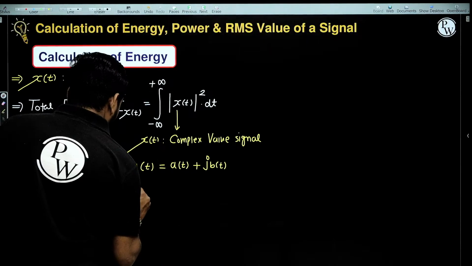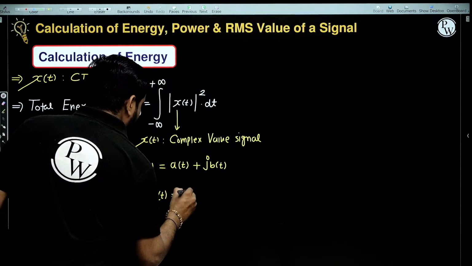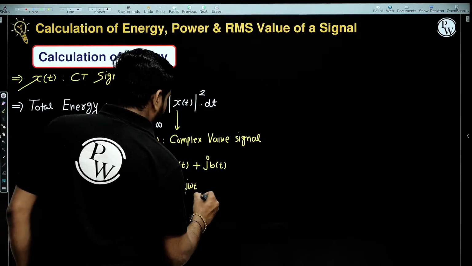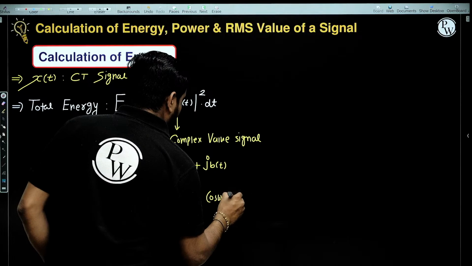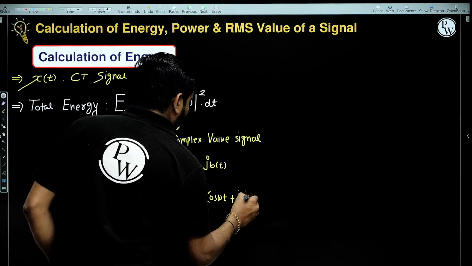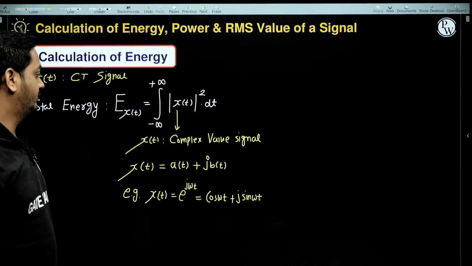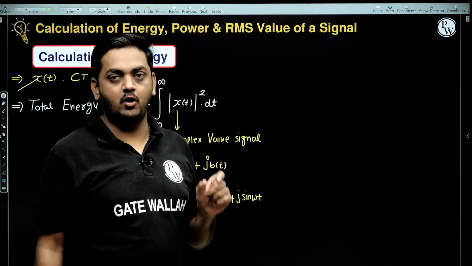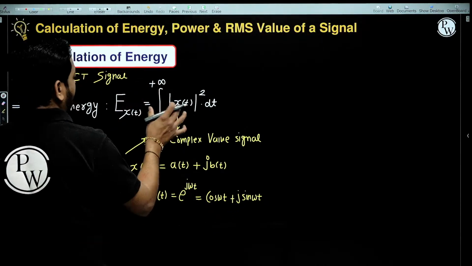Say for example, the complex sinusoidal, that is e power j omega t, guys. So it is nothing but cos omega t, Euler's form, plus j sin omega t. Whenever a complex value signal comes, guys, you have to first take the modulus, that is mod, and then follow the procedure and use the formula.